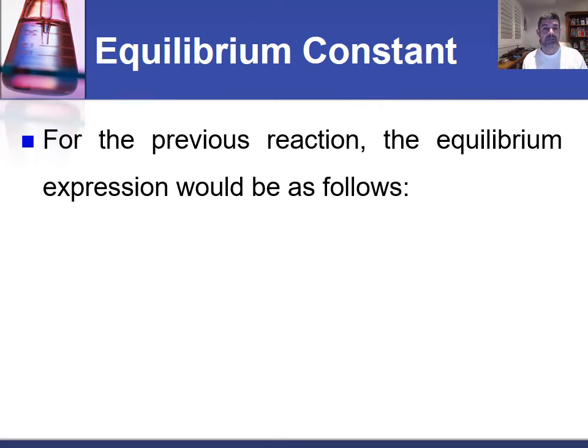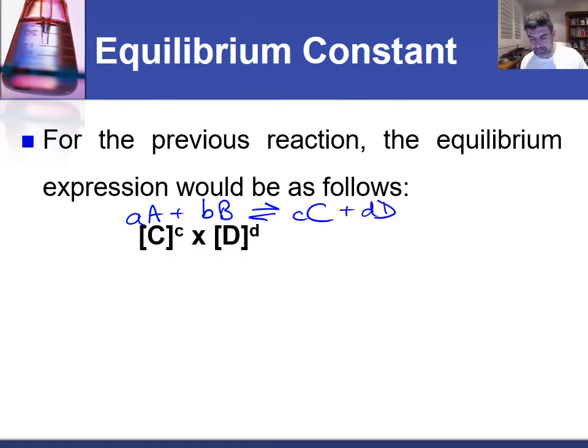So the reaction that we've looked at previously, where we had a of A plus b of B in equilibrium with c of C and d of D, would look like this.